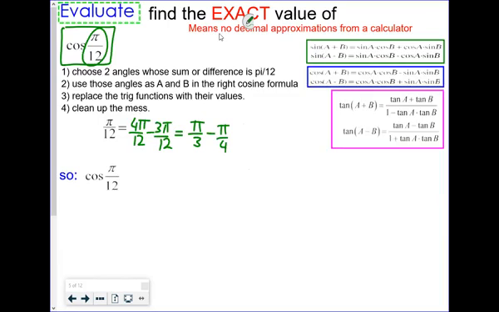Okay? So now, when I see pi by 12, in its place I can write this. Go back to the question. The cosine of pi by 12 could be written as the cosine of, now I do need parentheses here, because I'm not going to just be writing one thing. Instead of pi by 12, I'm going to write pi by 3 minus pi by 4.